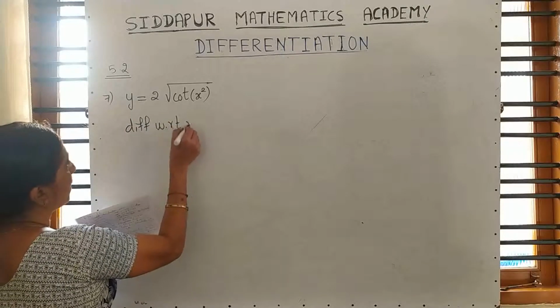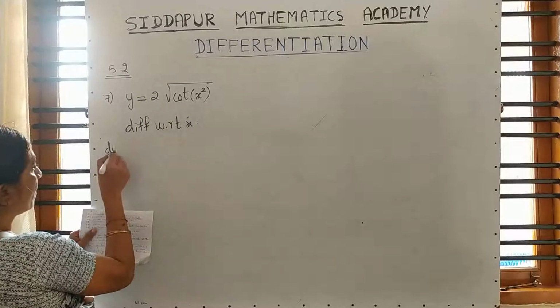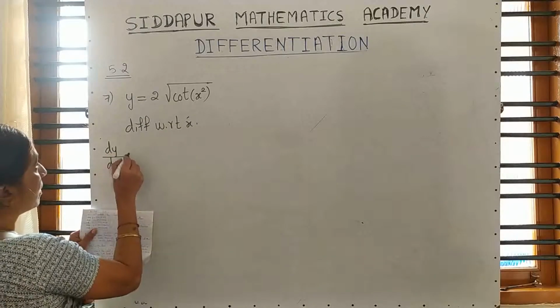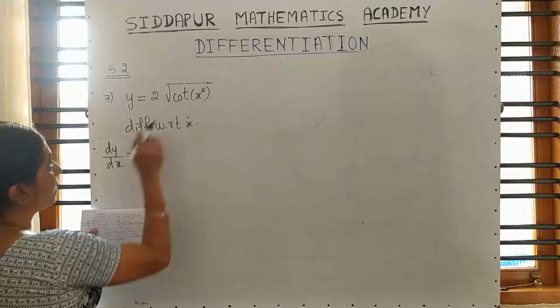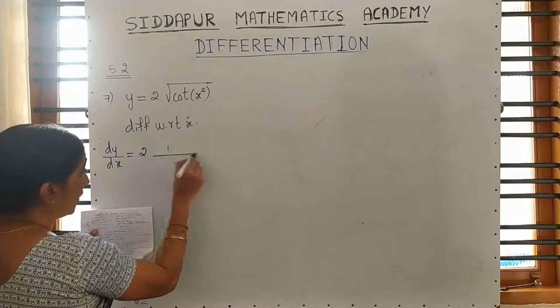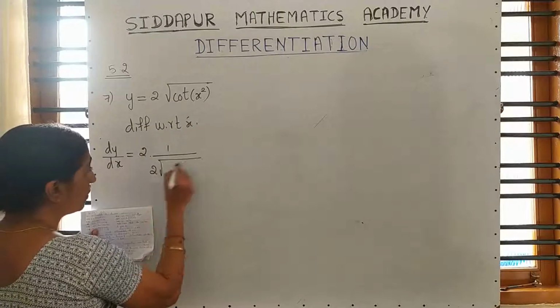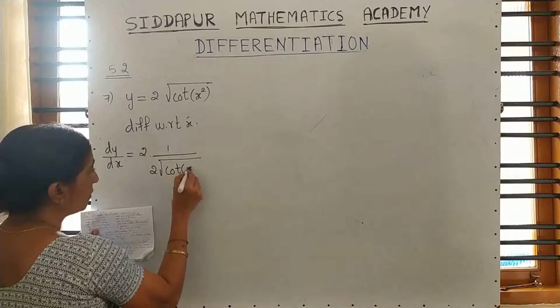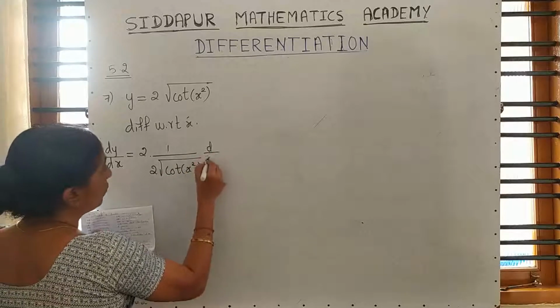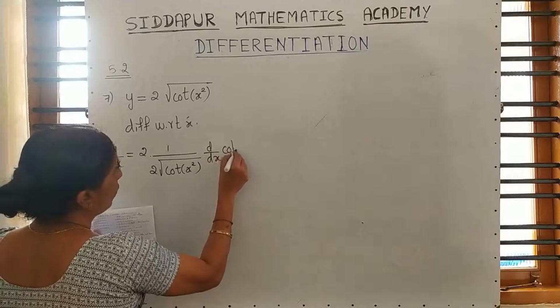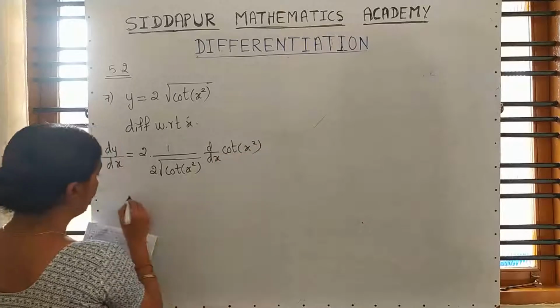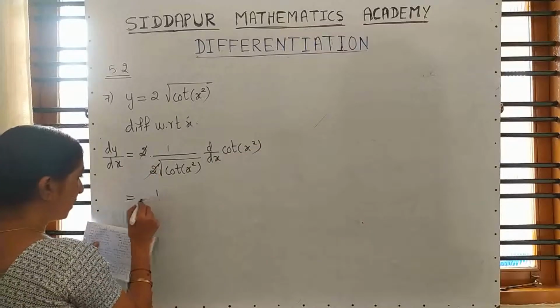Differentiating with respect to x, dy upon dx is equal to 2 I kept as it is. Differentiation of root is what? 1 upon 2 root into differentiation of cot x square. This 2 and this 2 get cancelled.